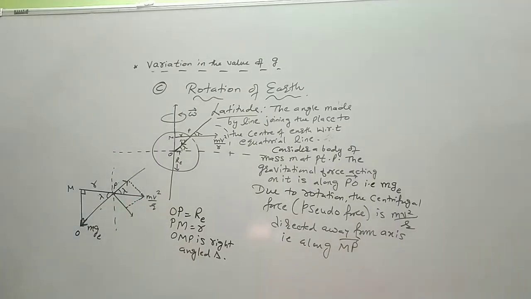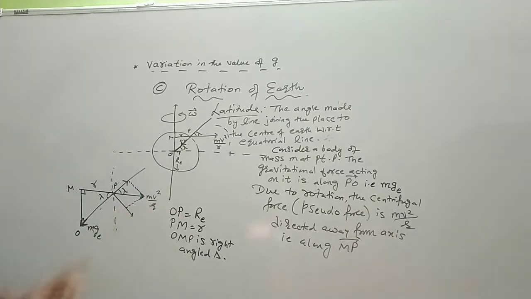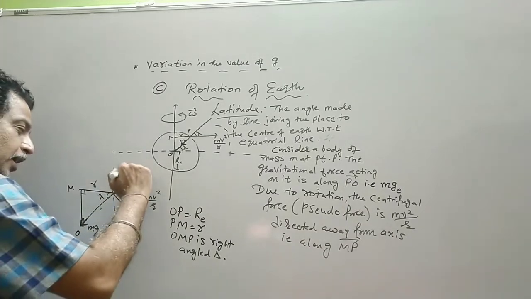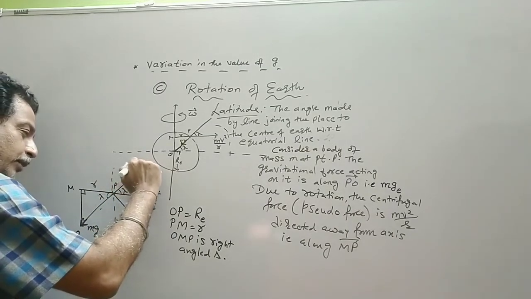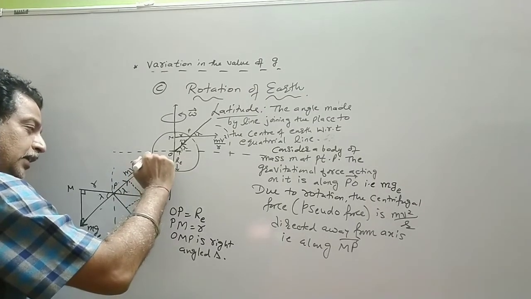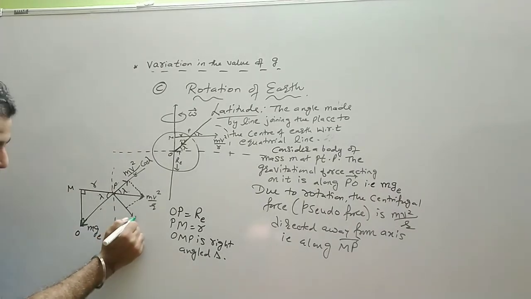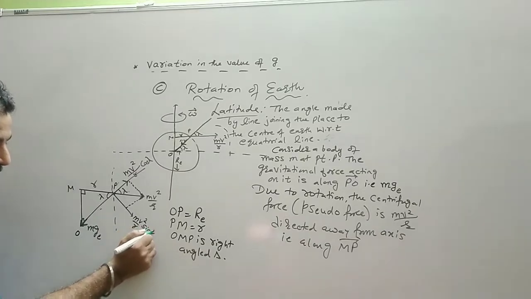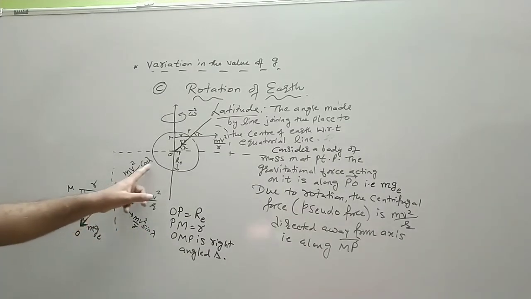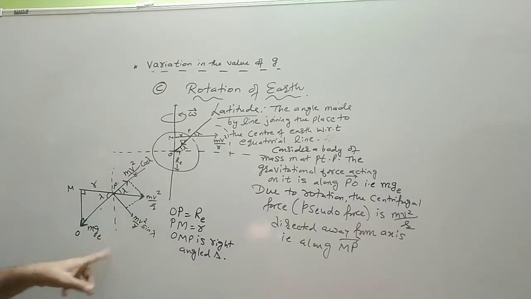So resolving mv square upon r into two components, this is angle lambda. So this component becomes the cosine component, that is mv square upon r cos lambda, and this component becomes mv square upon r sine of lambda. Now clearly the cosine component is opposite to the gravitational force.